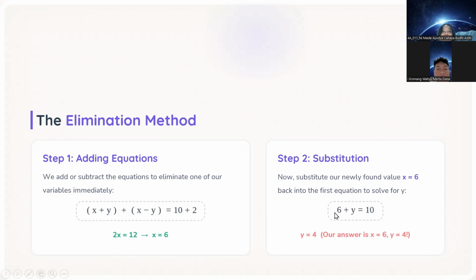It becomes 6 plus y equals 10, and the value of y is 4. So therefore, x is equal to 6 and y is equal to 4. So the solution is the pair of values that satisfies both equations. Exactly, Wahyu. You're totally correct.